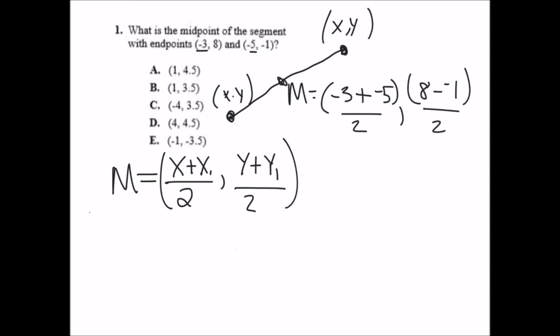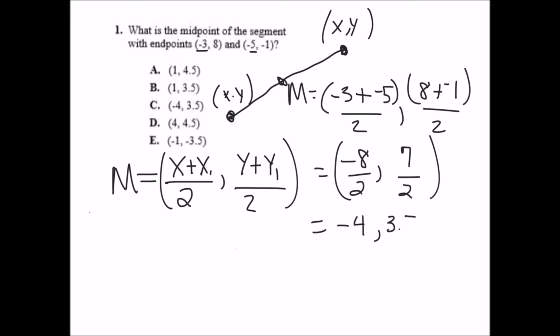Simplifying, -3 plus a -5 is a -8 divided by 2 for the x value, and 8 plus a -1, sorry, I wrote that incorrectly, 8 plus a -1 is actually a 7 divided by 2. And so your coordinates become -4, 3.5. The correct answer is C.